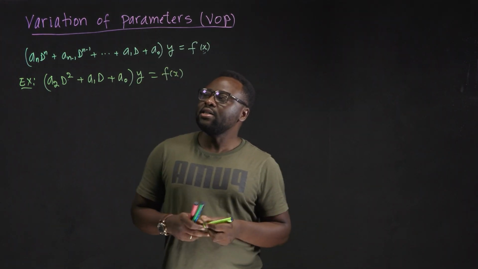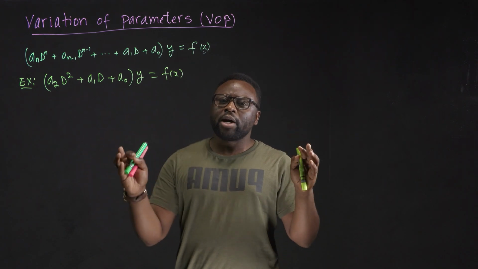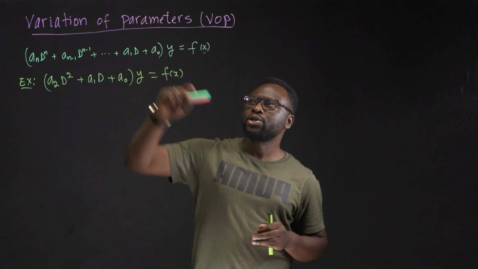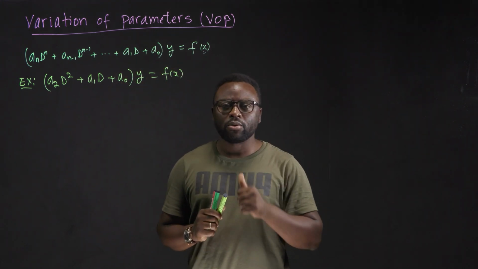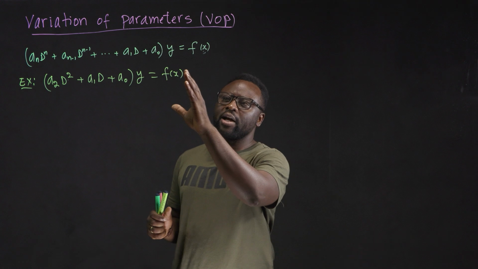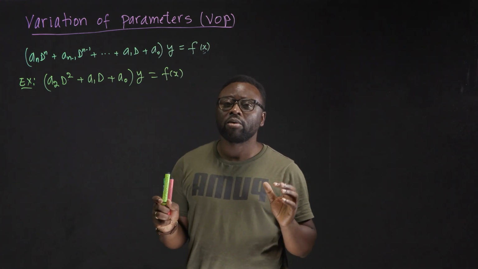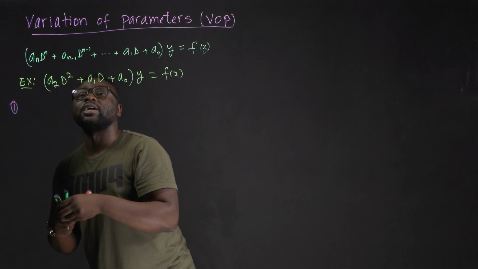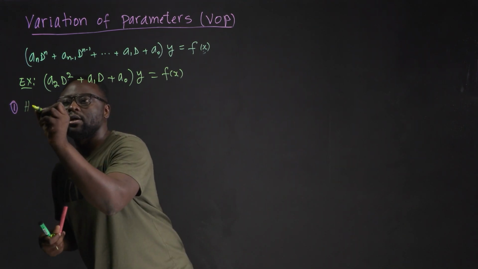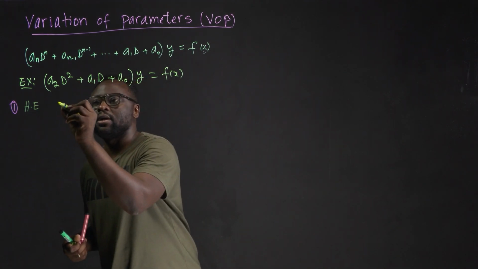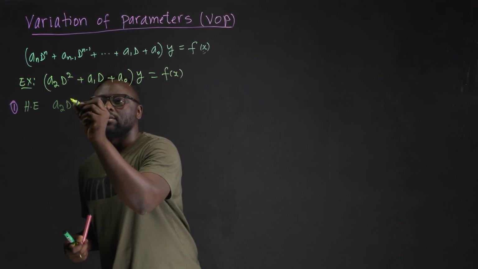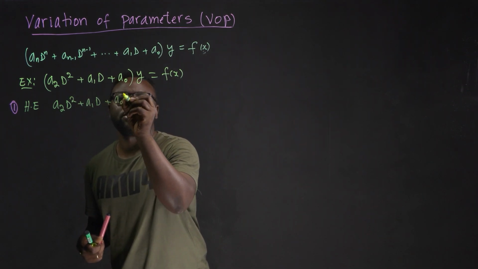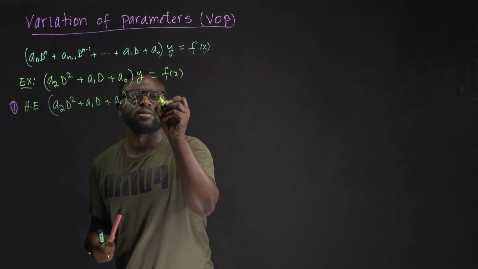All right. At this stage, the general principles provide you with 5 different steps to follow in order to solve this equation by using the variation of parameters. The first step consists of considering the left-hand side equal to 0. In that case, the equation becomes homogeneous, okay? So first step, we want to solve the homogeneous equation associated to this one. So the homogeneous equation associated to this is (a2 d2 plus a1 d plus a0) times y equal to 0.